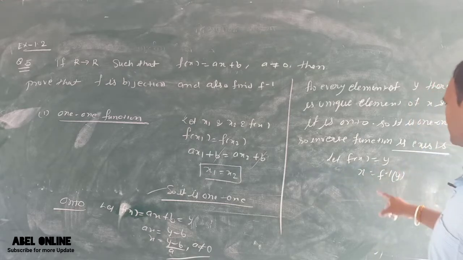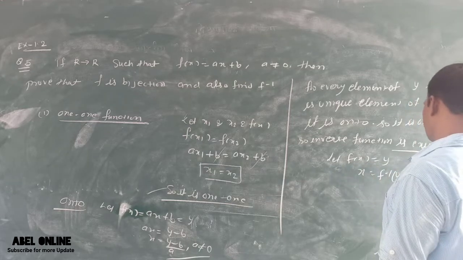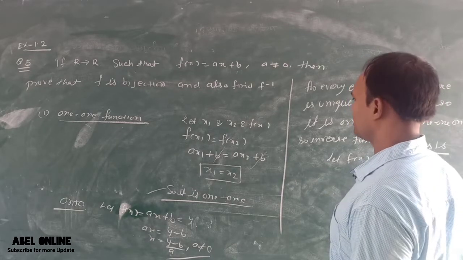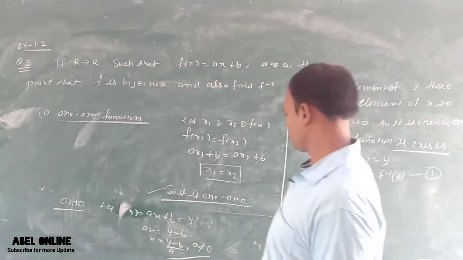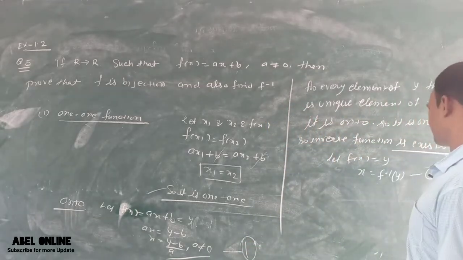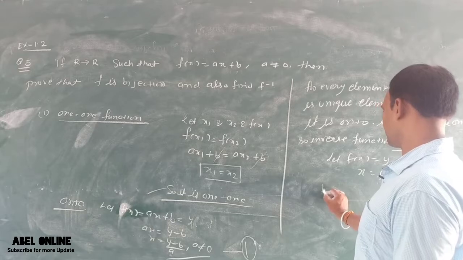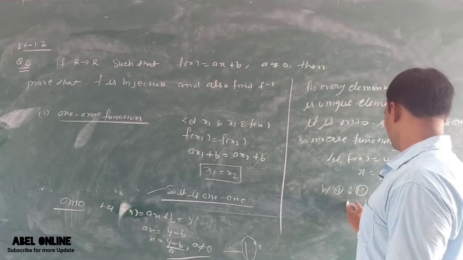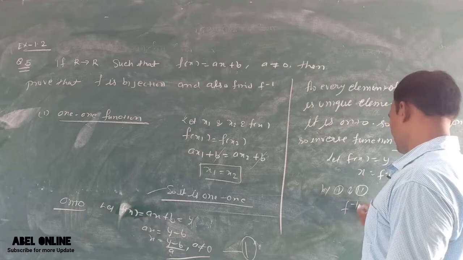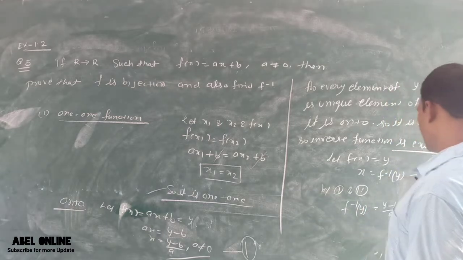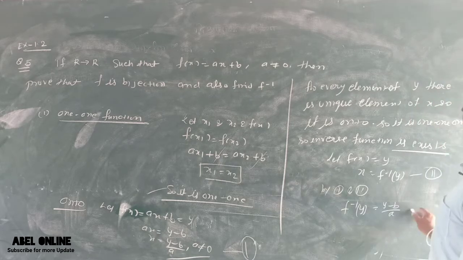This is equation number 1. Suppose this is the second equation. So by first and second, f inverse y equal y minus b by a.